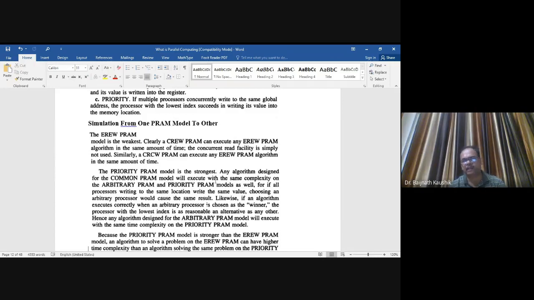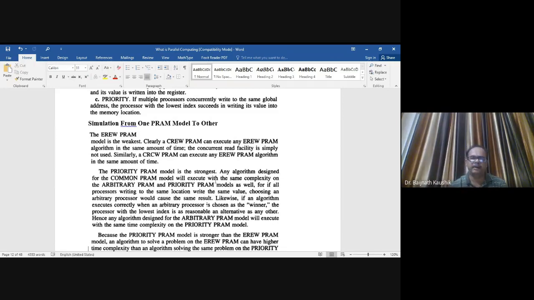If we write an algorithm for the EREW model but execute it on CREW, and we do not use its concurrent reading facility, then the same algorithm on CREW will take the same amount of time.